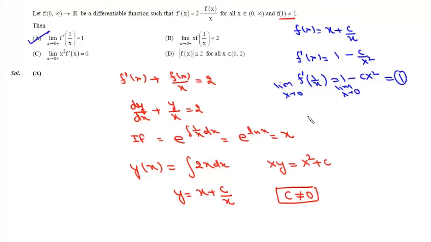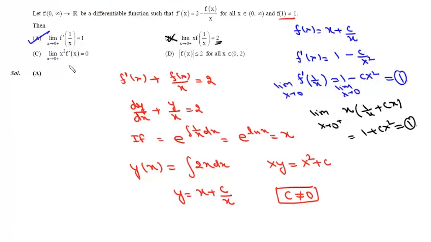Now, if you look at this option B, which is limit x tends to 0 positive, f(1/x) will be 1/x + cx. Now this is 1 + cx², which also is 1, but it is given as 2, so this option B will be incorrect.